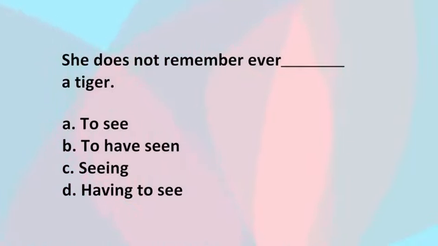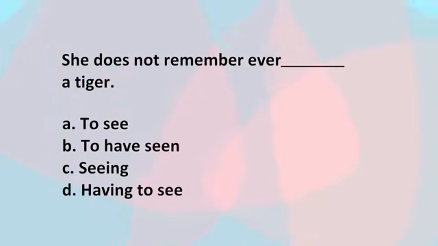Now let's look at those options. All of the options here show us that the answer has to do with seeing with our eyes. She does not remember ever dash a tiger. The first option is she does not remember ever to see a tiger.